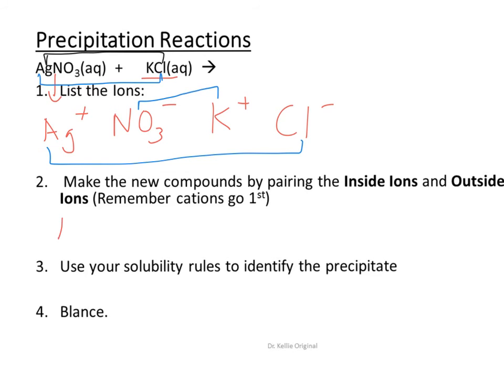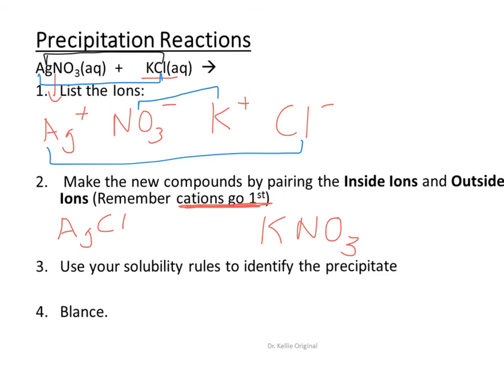Silver is +1, chloride's -1, so it would be silver chloride. My other compound would be potassium and nitrate. Remember, your positive ion always goes first. Second biggest mistake I always see. Positive ion goes first, so potassium nitrate, again a 1-to-1 ratio. So those are my two products.